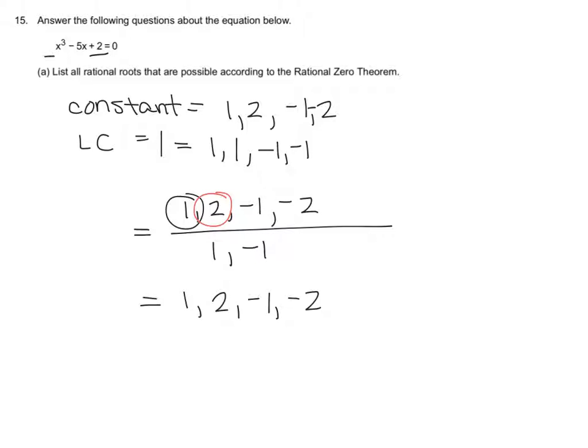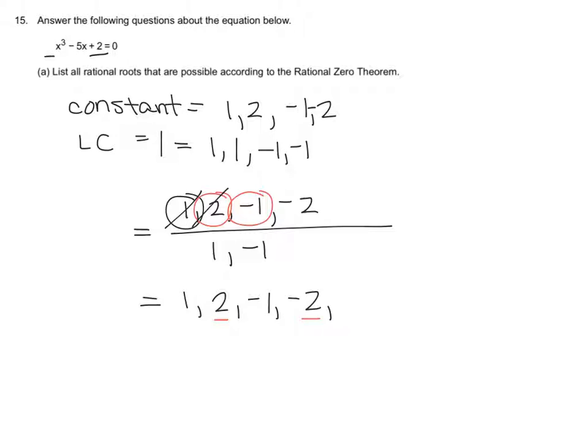Then I have 2 divided by 1 is 2, but that's already listed. And 2 divided by negative 1 is negative 2, and that's already listed. Now I have a negative 1. Negative 1 divided by 1 is negative 1, and that's already listed, so I won't list that.